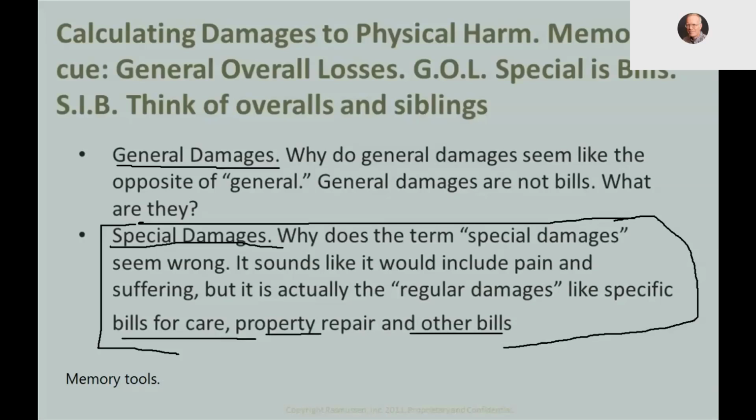Okay. If you think about physical harm, so on general overall losses, GOL, that's a memory clue. There is no such legal term, okay? If you don't like these memory cues, don't use them. Just use the terms general damages and special damages, okay?